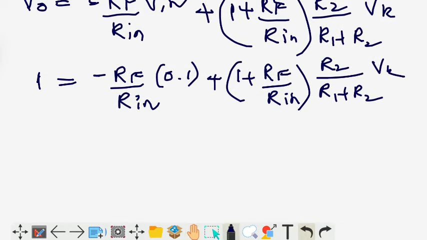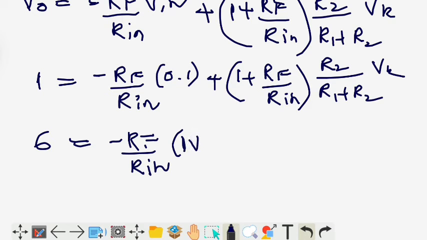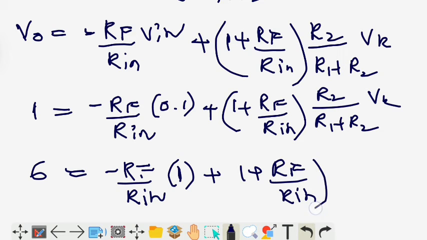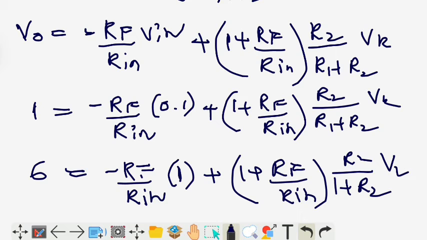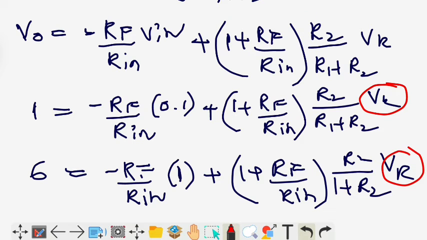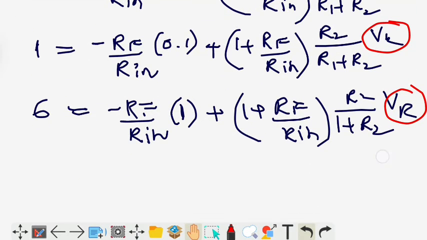So Vout is 6 when Vin is 1, and the rest, 1 plus Rf by Rin into R2 by R1 plus R2 into Vreference, is the same. In the question itself it is given that this Vreference is constant. So let's figure out how to get Rf and Rin.